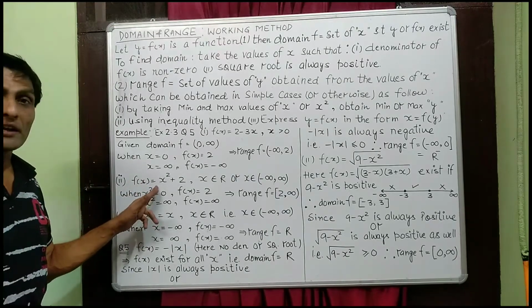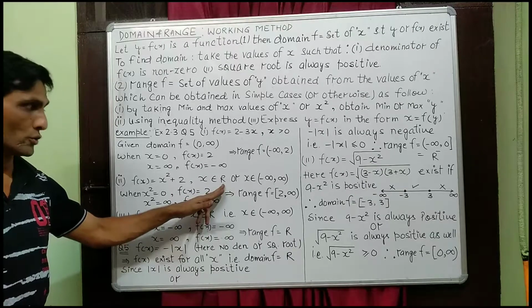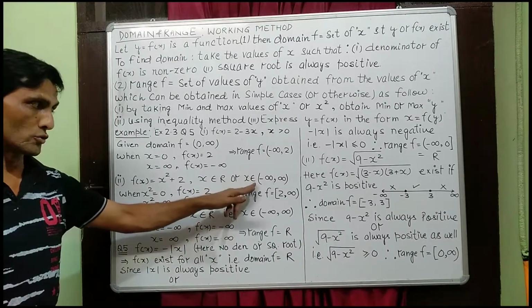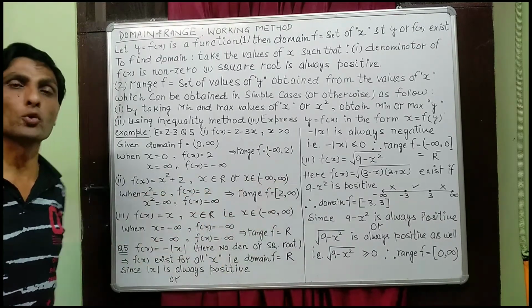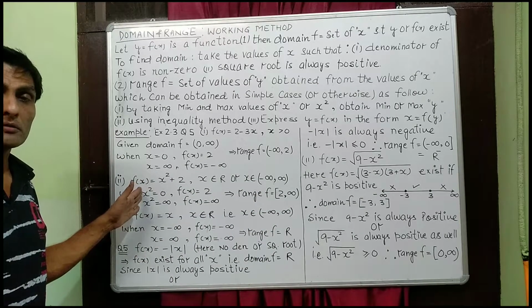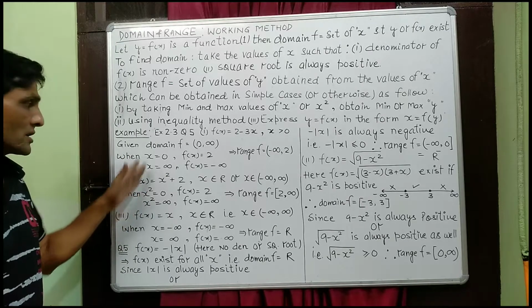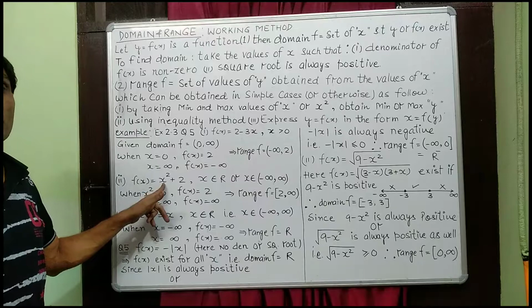Now the second part: f(x) = x square + 2. Here x belongs to the real numbers, which is the domain, that is, x is from minus infinity to infinity. To find the range, consider the minimum and maximum values of x square.